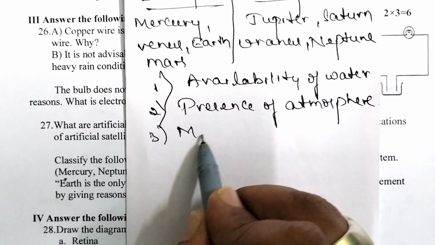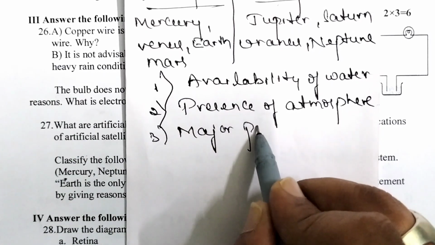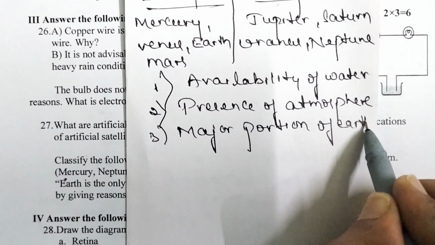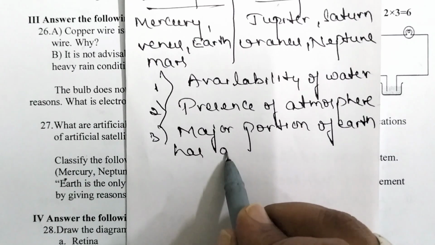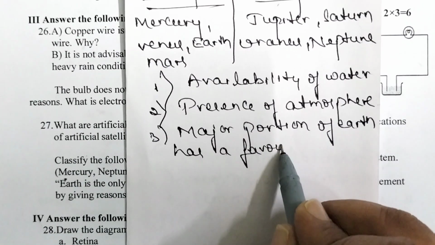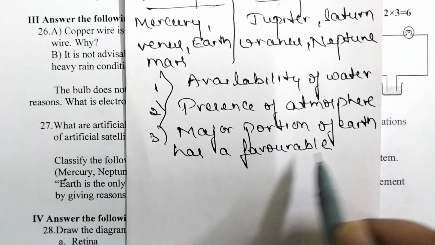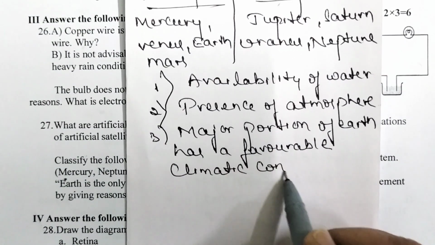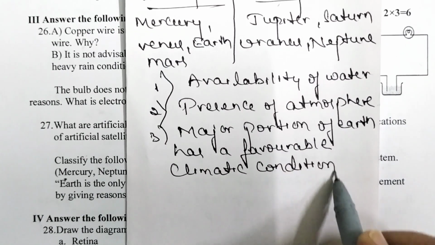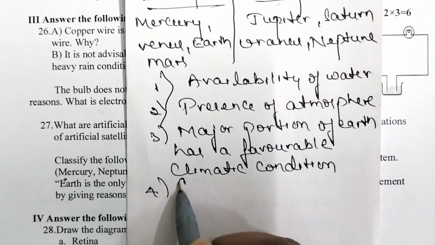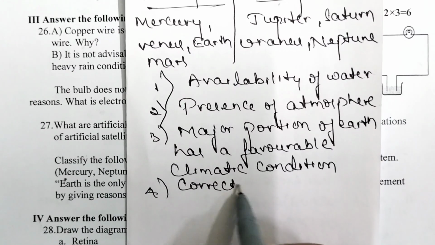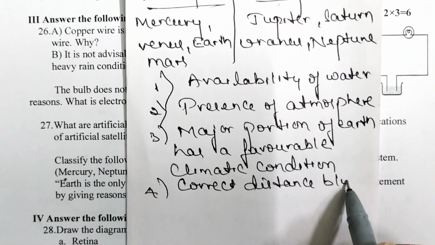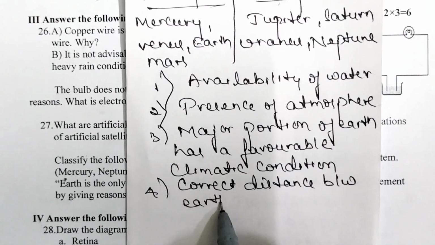Then third one is major portion of earth has a favorable climatic condition. Fourth one, correct distance between earth and sun.